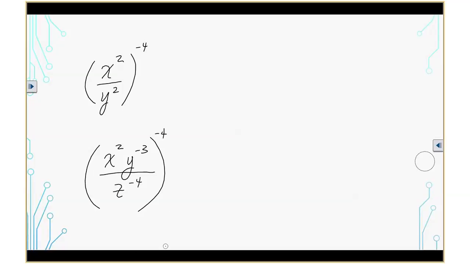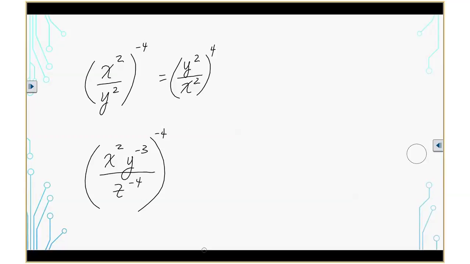Now, both of these problems can be simplified even more after you make this a positive. First of all, I flip this, and that becomes y squared over what? X squared, and I raise it to the positive fourth.